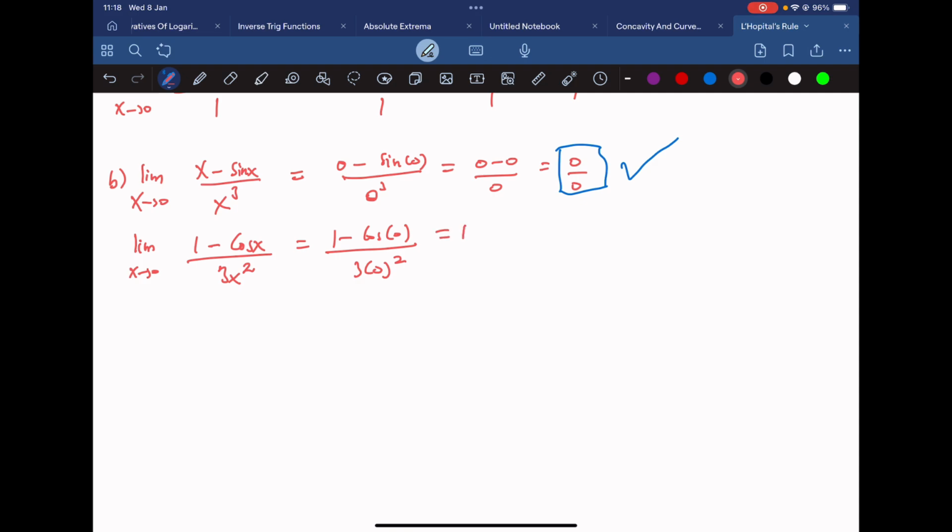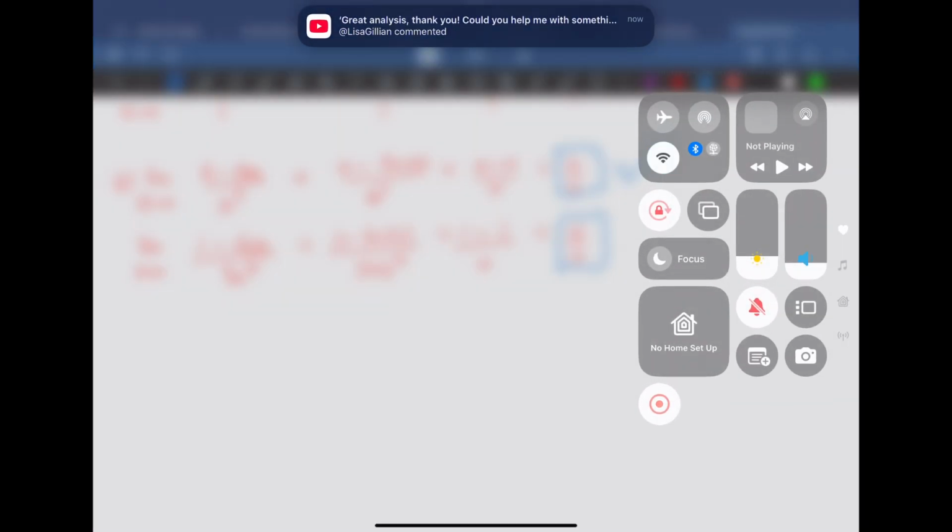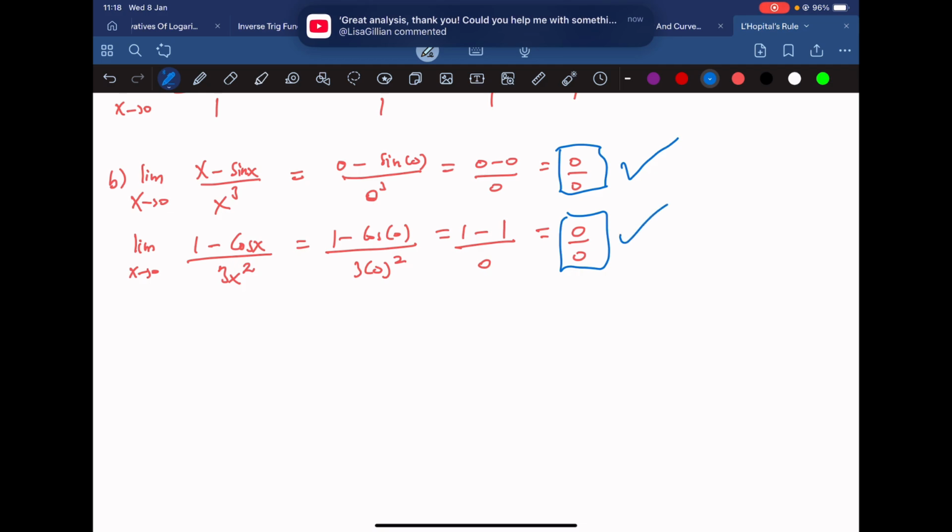We have 1 minus cosine of 0, which is 1. We have 3 times 0 squared, which simplifies to 0. 1 minus 1 is 0 over 0. Remember, we have another indeterminate form again, which is 0 over 0. So we can go ahead and use L'Hopital right here.